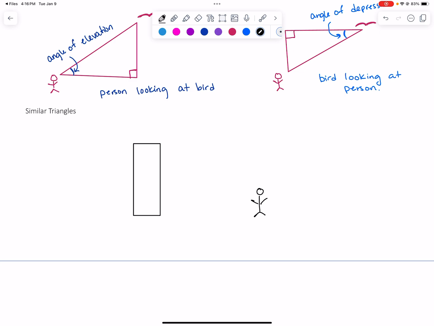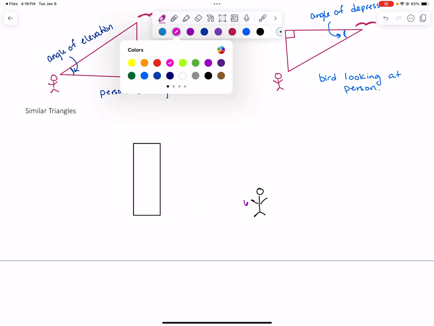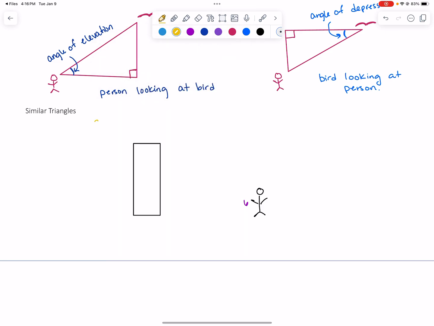So we know that the person is 6 feet tall, and we have some sunshine that's coming in, making everything wonderful and pretty, but it's also going to cast a shadow. So we have the shadow that comes up.